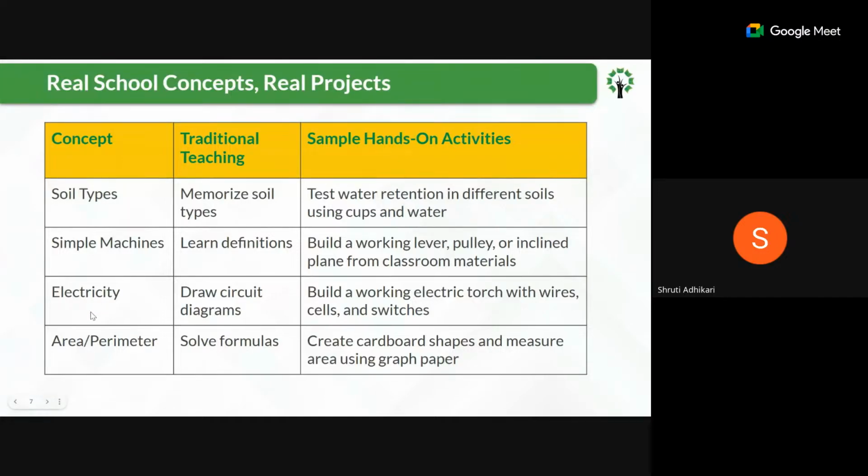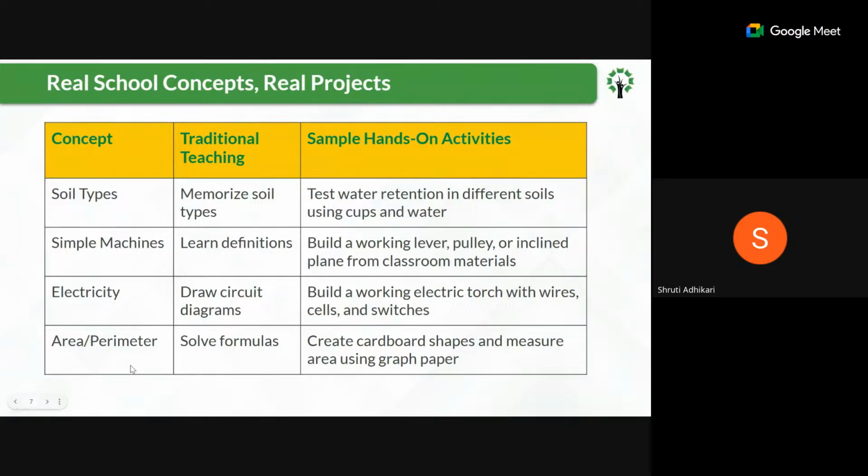Then another concept, for example, is electricity. Traditional teaching is like they're just drawing circuit diagrams, right? A sample hands-on activity is they can build a working electric torch with wires, cells, and switches, understanding the concept practically. Now, another concept is area or perimeter, right?